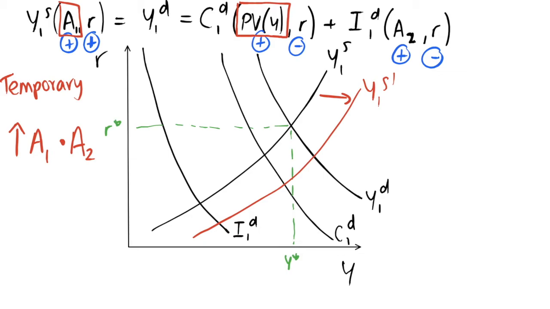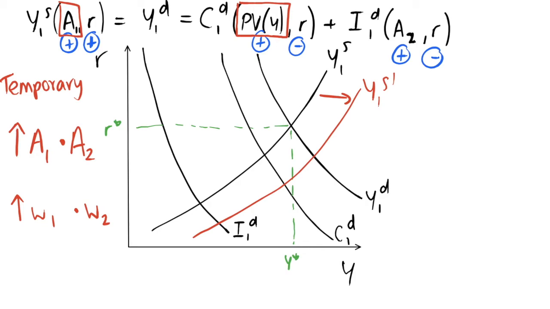Now this is a slightly smaller shift in consumption than we had in the previous one, because in this one we increase wage 1, but wage 2 stays the same because productivity in period 2 has stayed the same, whereas with a permanent shock we increased both wage 1 and wage 2 because we increased productivity in both periods.